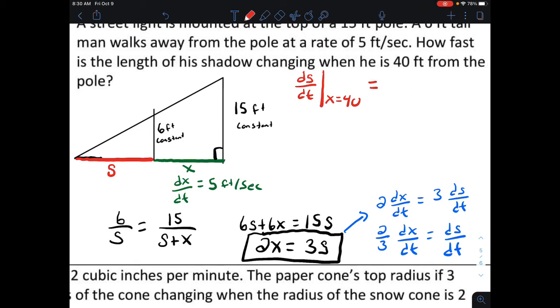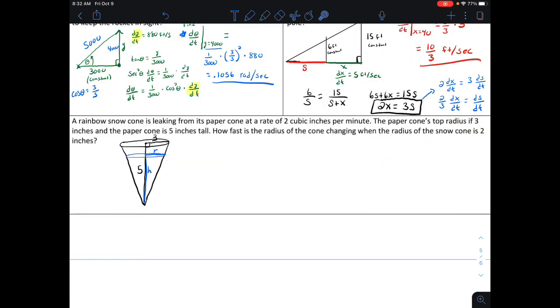So the rate of change of the shadow with respect to time would be equal to 2/3 times the rate of change of the distance of the man from the pole, which was positive 5. And we just multiply those together and we get 10 over 3. Now I need to attach my units. Well, S is feet. So ds over dt equaling 10/3 would be feet per unit of time, so feet per second.